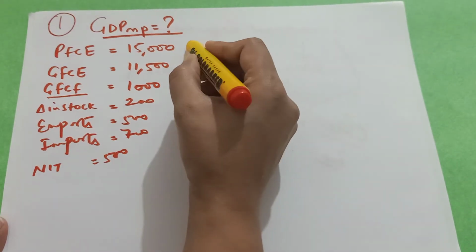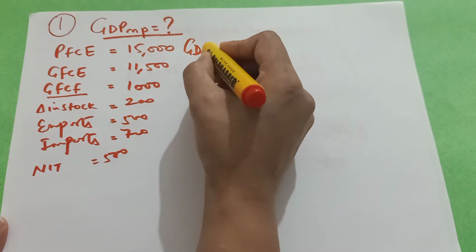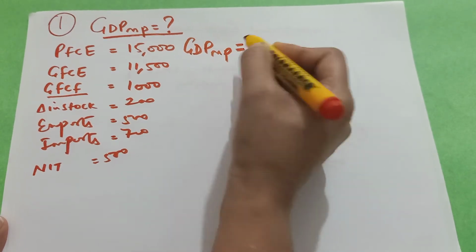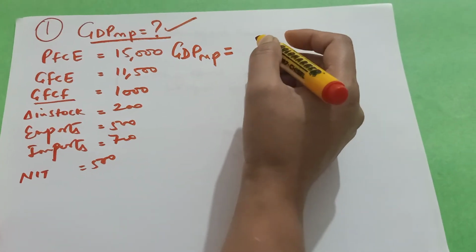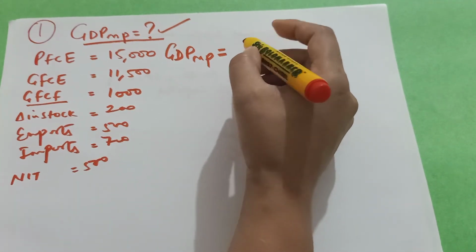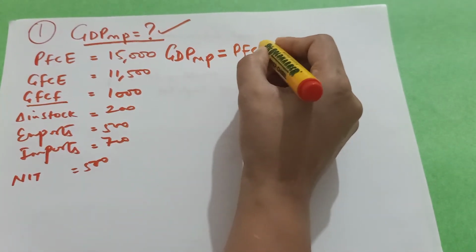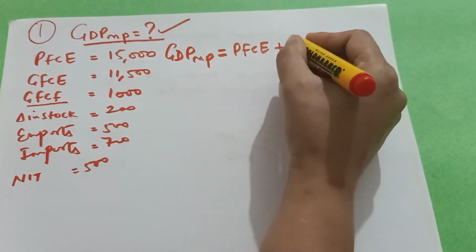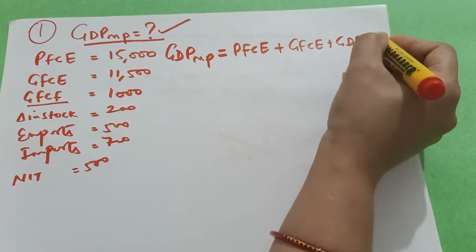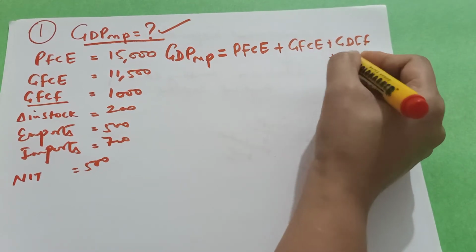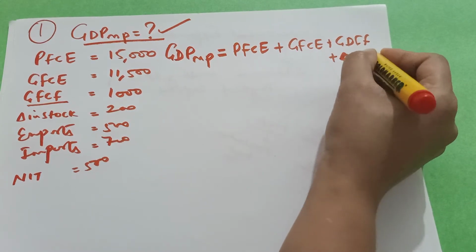In the expenditure method, first of all we calculate GDP-MP. So we write the formula: PFCE plus GFCE plus GDCF plus net exports.